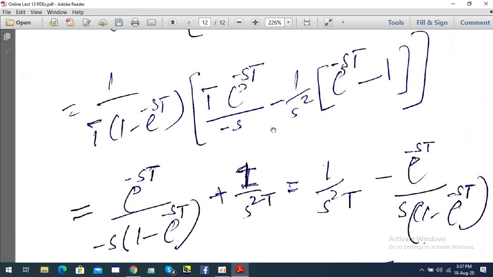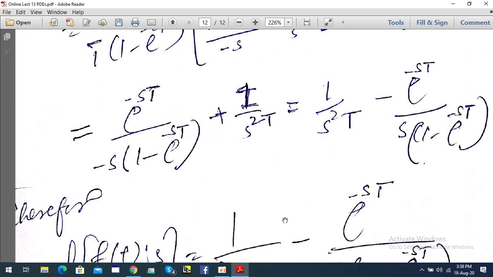Taking it inside the bracket, this T will cancel with this T, and we will have minus s e power minus sT divided by 1 minus e power minus sT, plus 1 over s square T times 1 minus e power minus sT. Because we took minus common, it becomes plus, and this becomes 1 minus e power minus sT. So 1 minus e power minus sT and 1 minus e power minus sT cancel each other, and we will just have 1 by s square T.